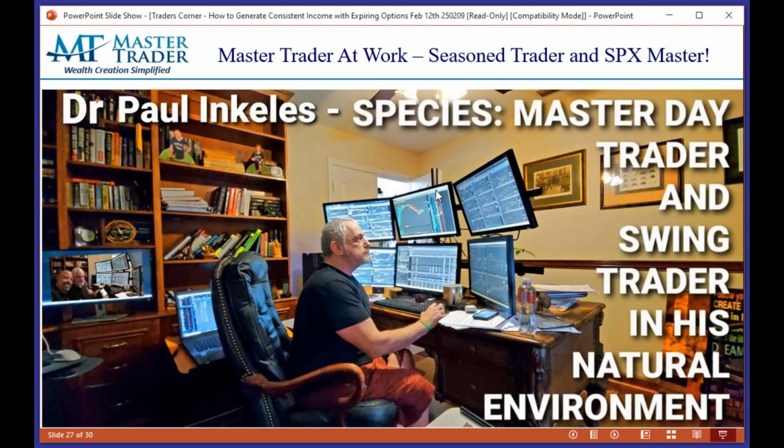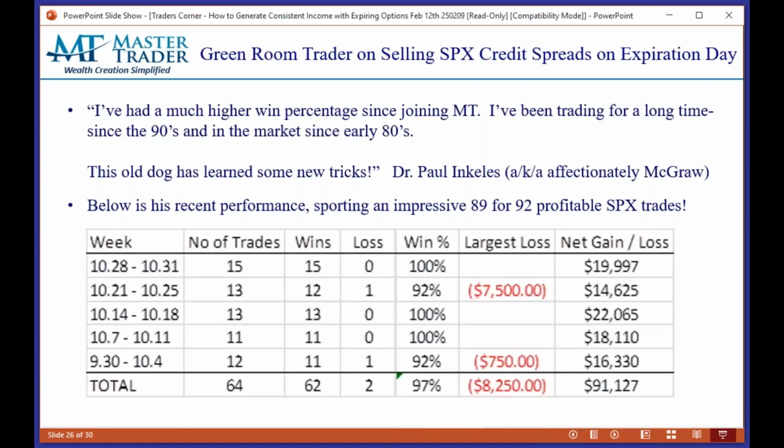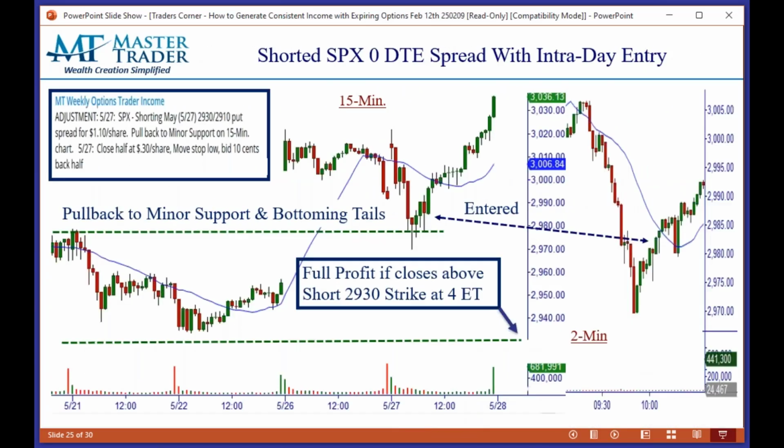And so I nicknamed him McGraw after that cartoon, Quick Draw McGraw, because whenever I'm in the room and he can just hear my tonalities, my tonality is something like, oh, that looks good. And then he's like, boom, he's in it already. But he's very aggressive and successful.